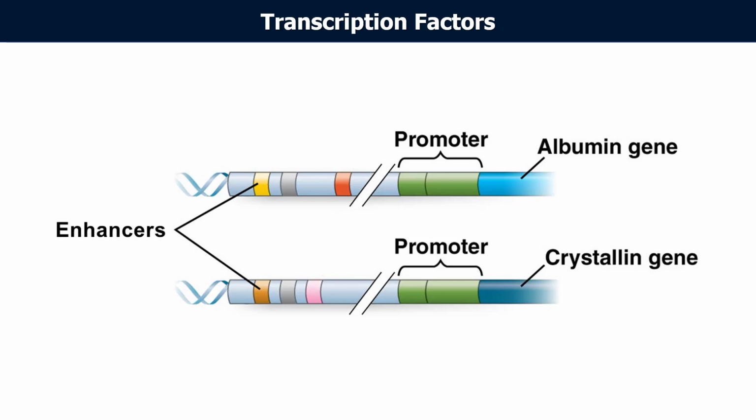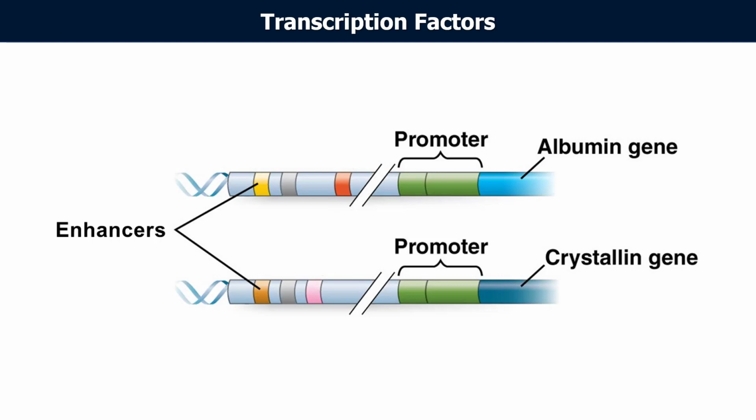Crystalline is a protein that needs to be made in eye cells, particularly to produce the lens of the eye, the crystalline proteins that form the lens of the eye. So the albumin gene and the crystalline gene are both present in a liver cell, but we only want the albumin gene to be on. Likewise, in an eye cell, both genes are present, but we only want the crystalline gene to be expressed there.